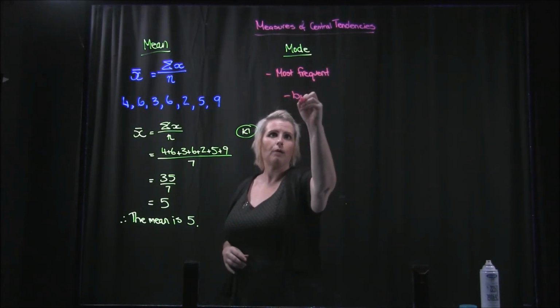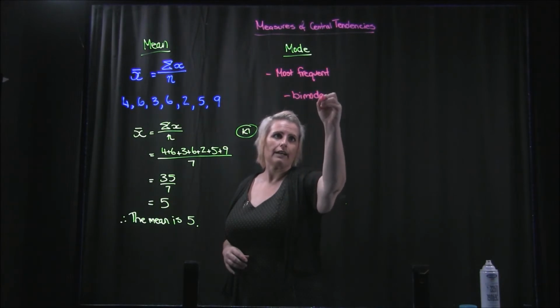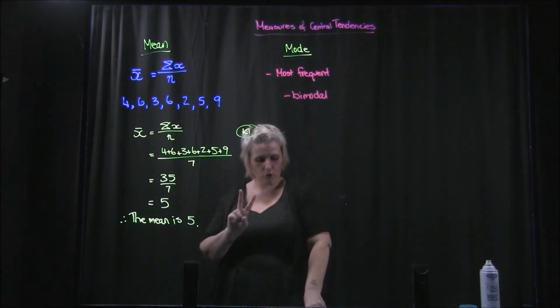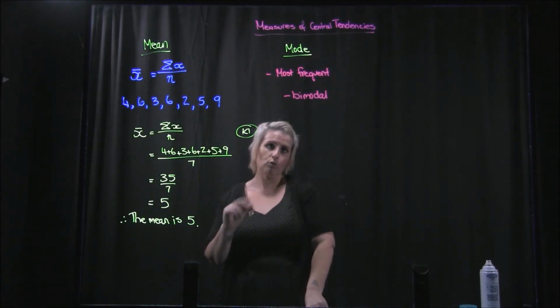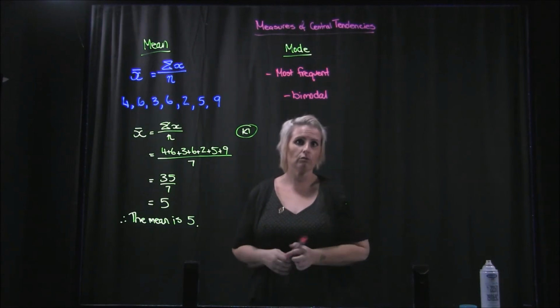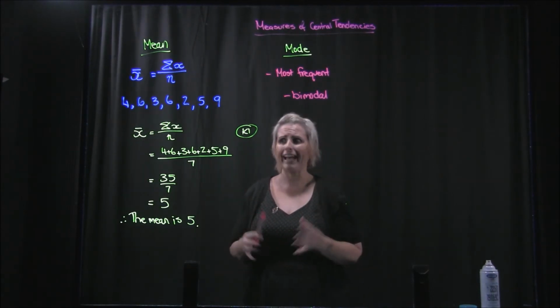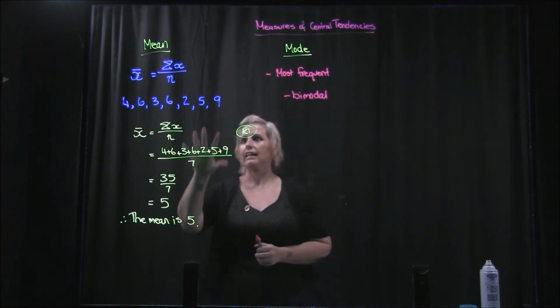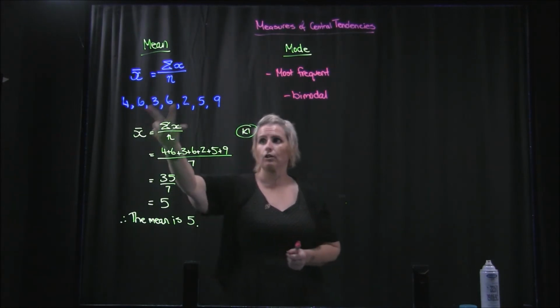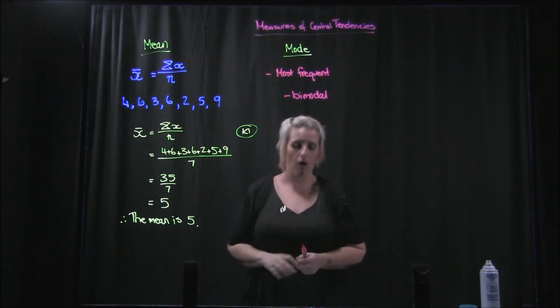You can have bimodal scores. The data is referred to as bimodal if there are two most popular scores. Over here, our mode would be 6. That's it. It appears twice. No other number appears twice.